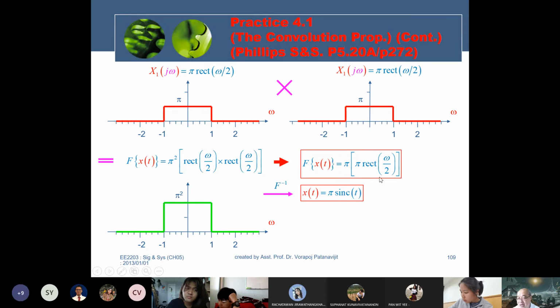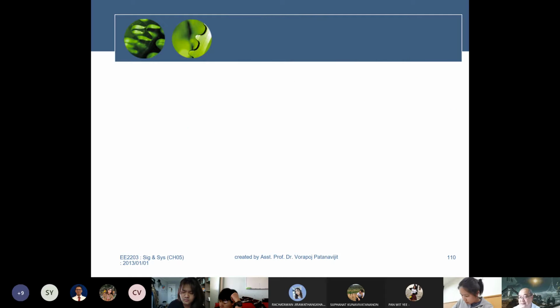When you convert pi rectangle omega by 2 back, you get the sinc function. It is a little weird: the convolution between the sinc function and the sinc function gives you a sinc function too.